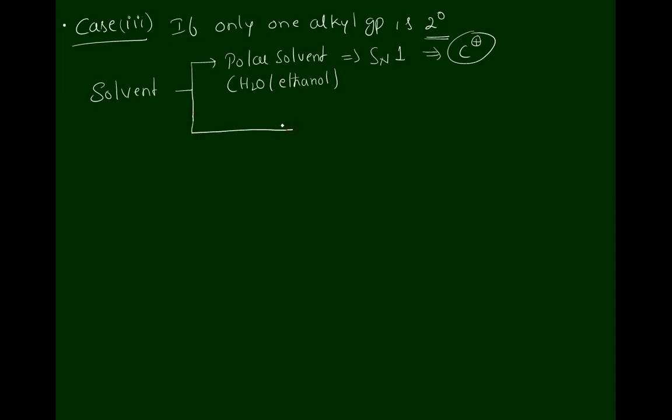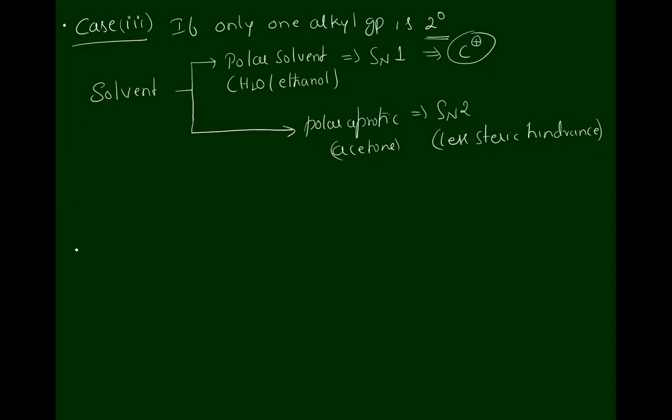If the solvent is polar aprotic, like acetone, then it follows the SN2 mechanism. Then it always follows the SN2 mechanism, and here the halide ion always attacks the less sterically hindered carbon atom.